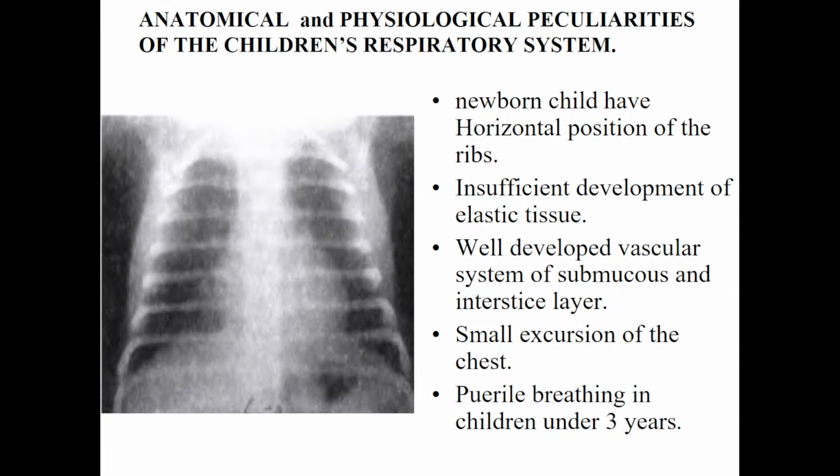And next, we will talk about anatomical and physiological peculiarities of the children's respiratory system. A newborn child has horizontal position of the ribs, insufficient development of elastic tissue, well-developed vascular system of soft mucosa and the interstitial layer.